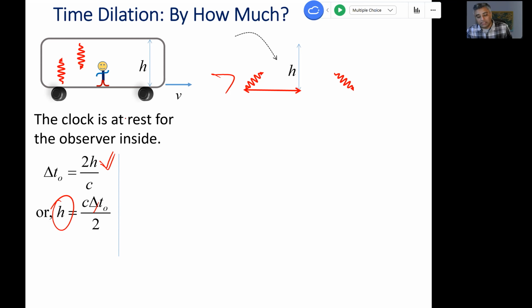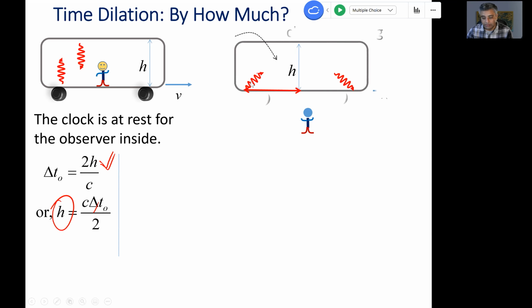So now let's take a look at another observer who is standing outside that car. Since the car is moving, what that observer is going to see is this light emitted from the back. So this one starts from here. Rather than going straight, it's going to go a bit inclined.